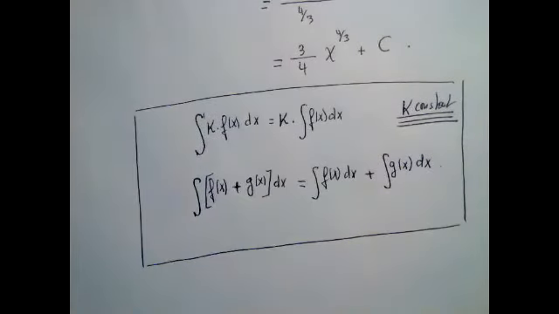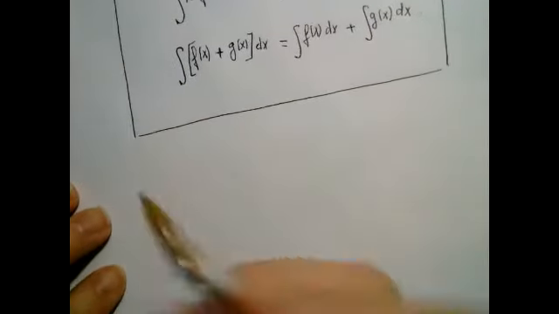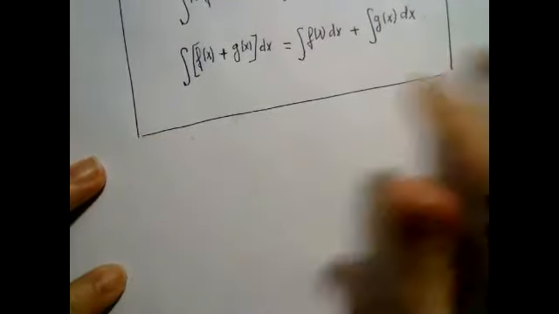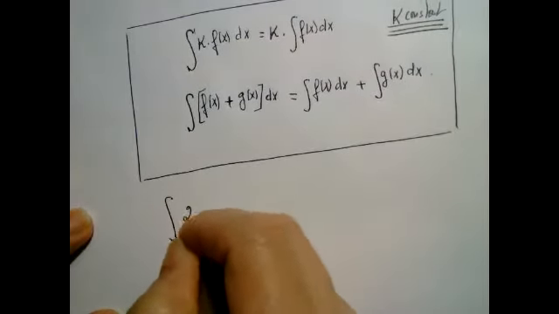So now we can handle more and more functions. Those two rules are going to allow us to find the antiderivative of a large class of functions. So let us apply it immediately. For example, of course, I start with a simple one. Find the antiderivative of 2x cubed.